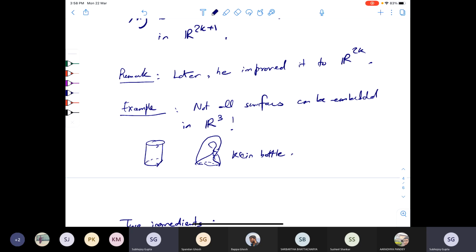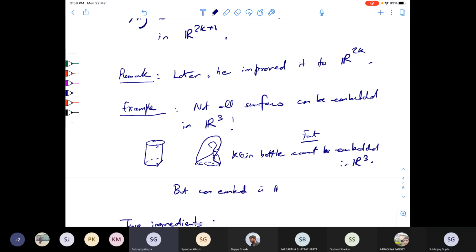The proof of that requires some algebraic topology, so usually one sees it at the very end of the algebraic topology course. The proof of why it cannot be embedded in R3. But in any case, the Klein bottle cannot be embedded in R3, but you can embed it in R4, and that's easy to see because you have one more dimension now.